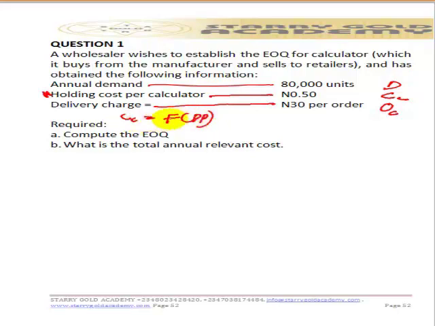So if it is given in percentage, you will look for the purchase price. In this case, the question asks us to calculate the EOQ and the total annual relevant cost.